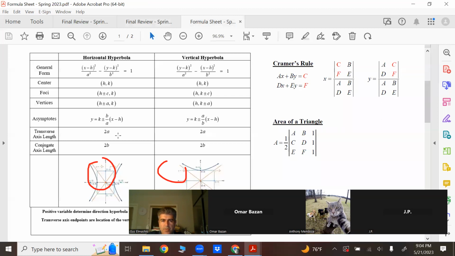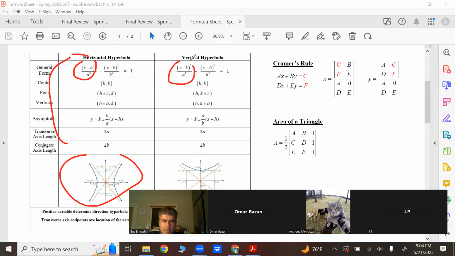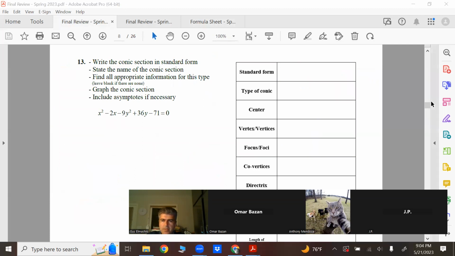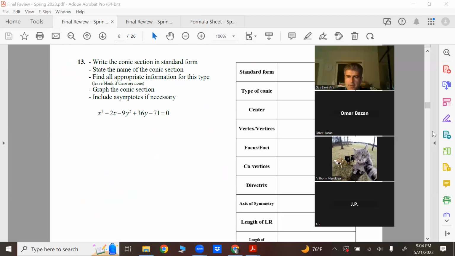The formula sheet shows you right there. It's all on your formula sheet. Okay, so let's do 39, and then 29.